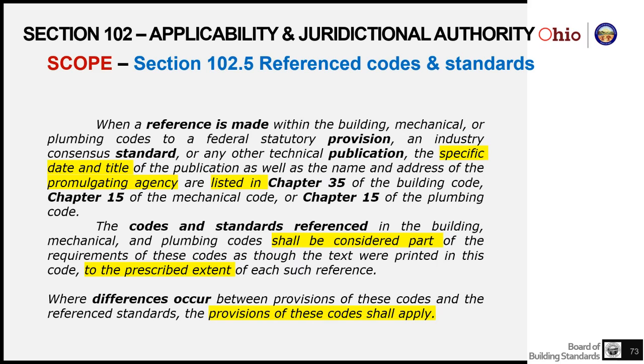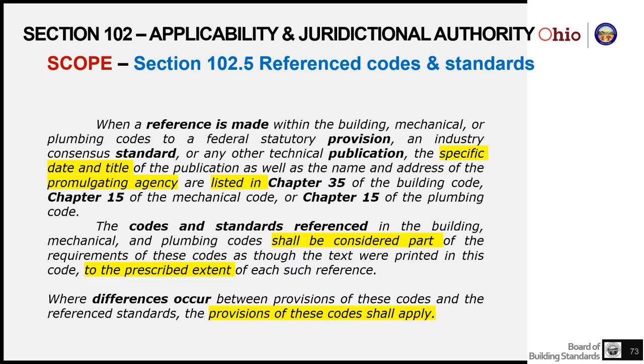The building code itself may have limits in terms of how it applies, because the standard may go past what the building code has authority to govern, and the reference standard itself may have specific provisions as to what they're looking at and how it applies. And then the last part is, if there are differences, the provisions of these codes shall apply.